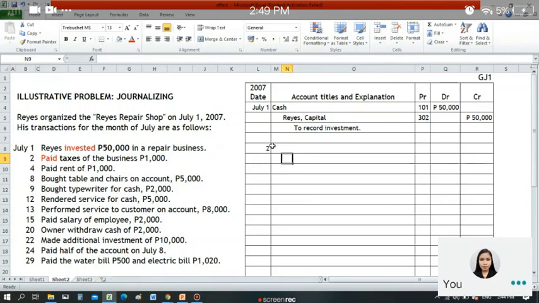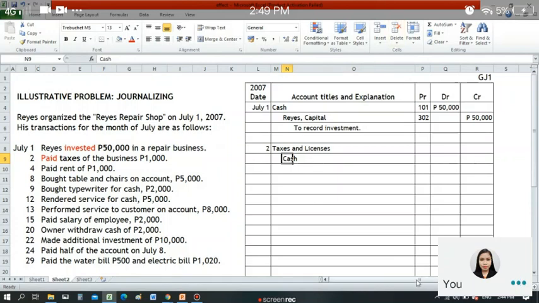So yung binayaran mo is the expense, so taxes and licenses. The first account title that you will record, taxes and licenses. And then credit natin si cash because this is the value parted. Ito yung pinambayad mo, credit.